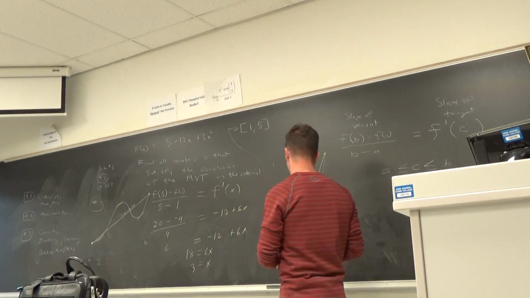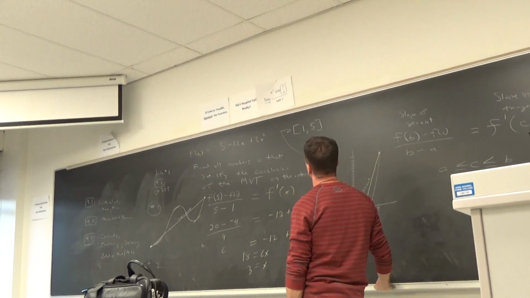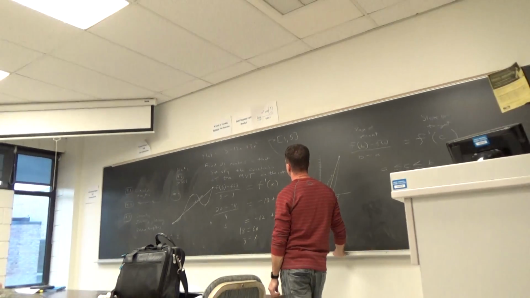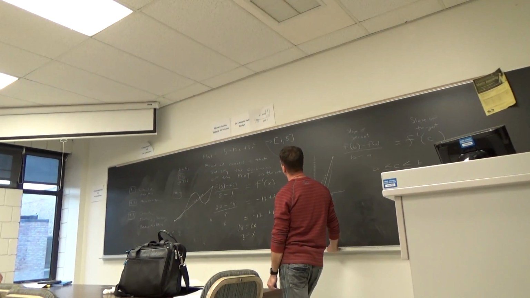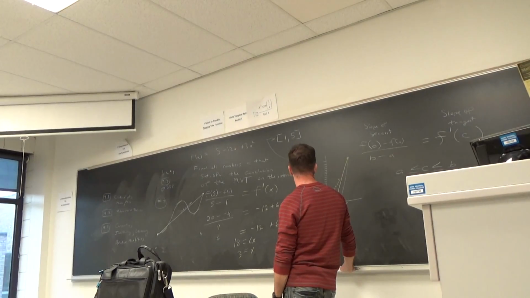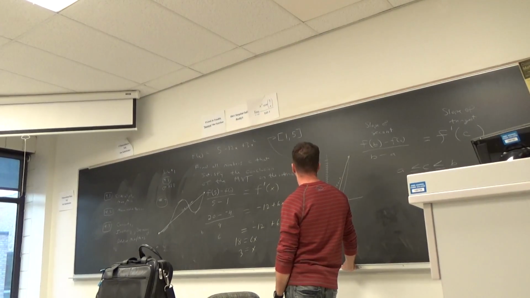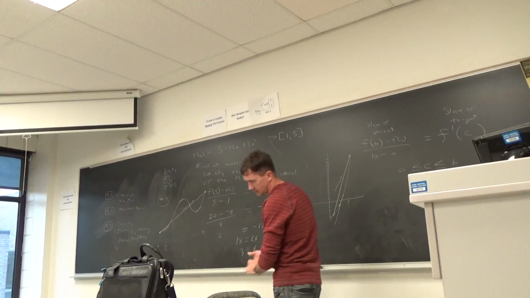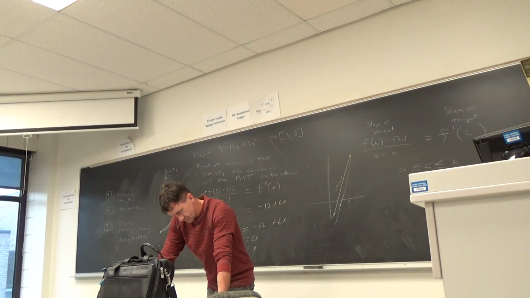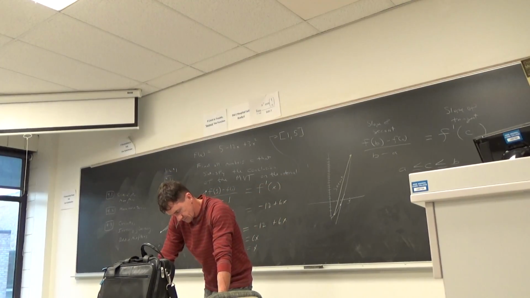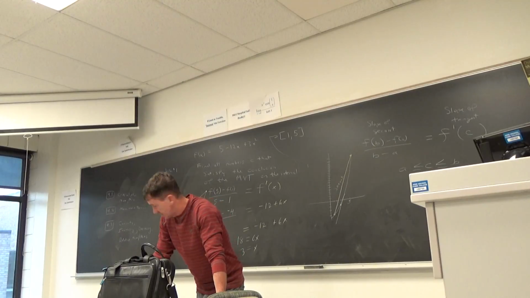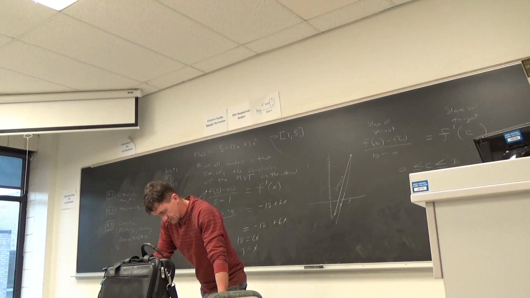All right. Now, let me come up with a number. I think I'll use 3. Let's see. I'm going to do 12x plus 3x squared.